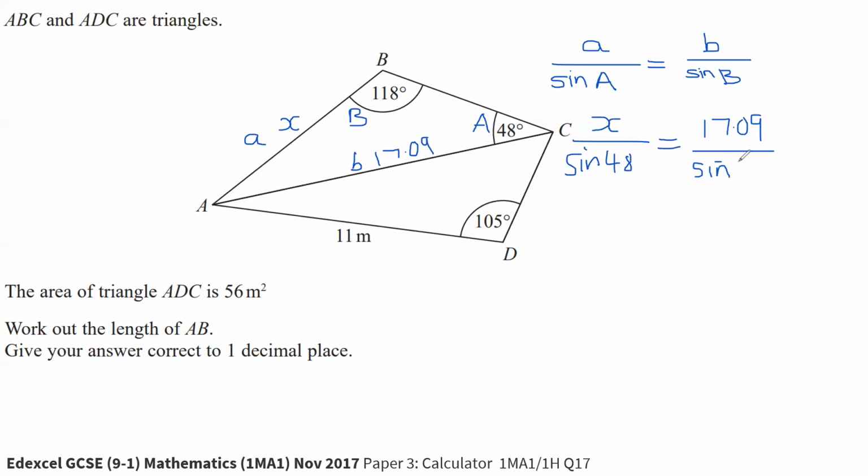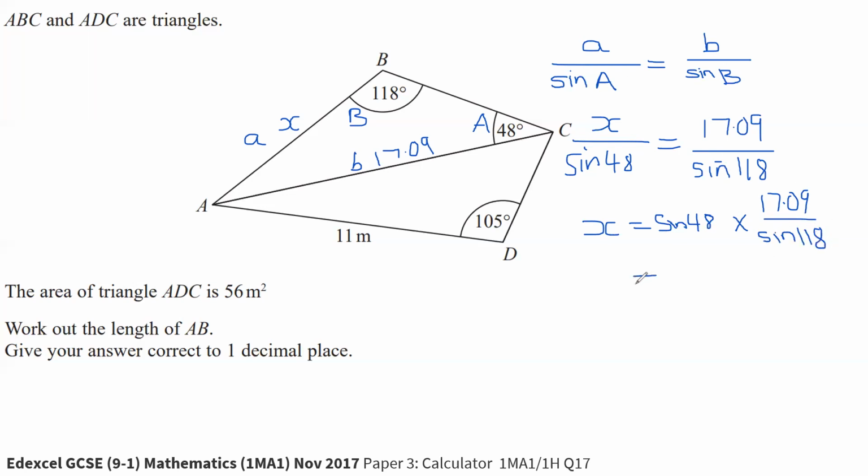And then we'll put that over sine of 118. So hopefully now you realise that if we want to find out what x is, we're going to do times both sides by sine 48. So we'll end up with sine of 48 times by 17.09 divided by sine 118.